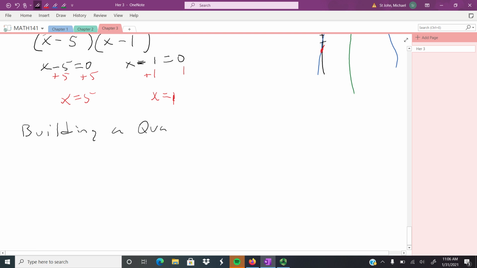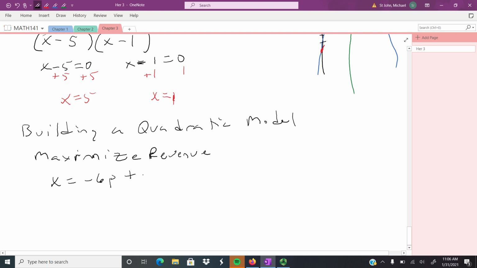and so for this, we're going to do an example of one of the things you'll see. And we want to maximize the revenue. And so x is equal to minus 6p plus 600.